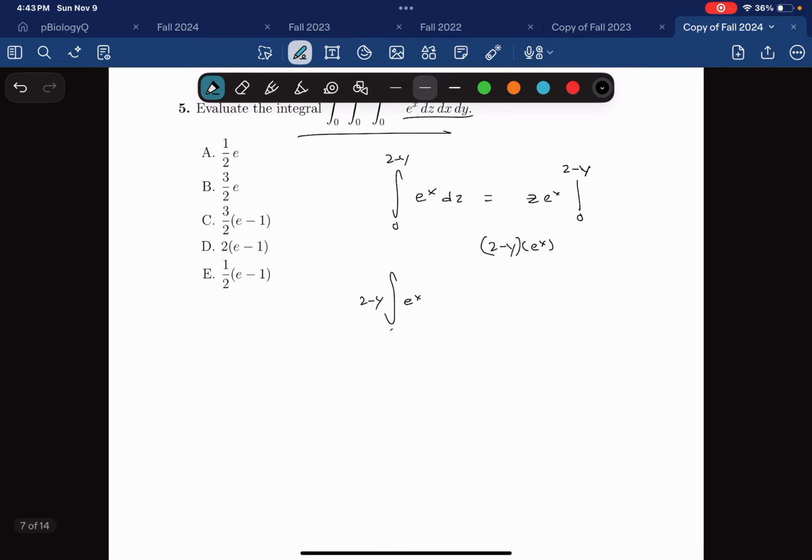So e^x from 0 to 1 is just equal to e^x from 0 to 1, which is equal to e minus e^0, which is equal to e minus 1.